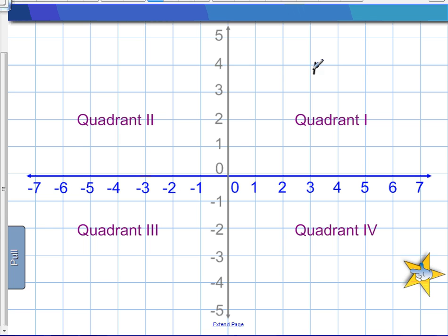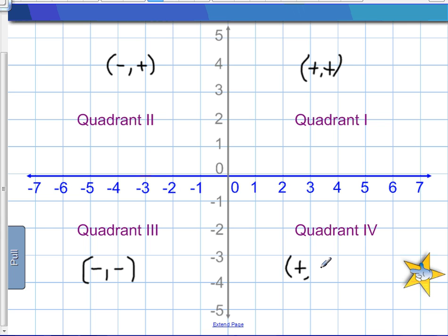It's positive, positive. We have quadrant 2, which is negative, positive. We have quadrant 3 down here, which is always negative, negative. And then we have quadrant 4, which is positive, negative.